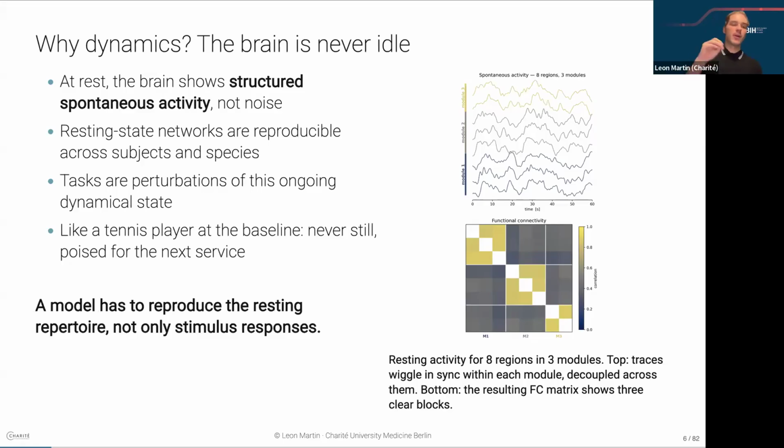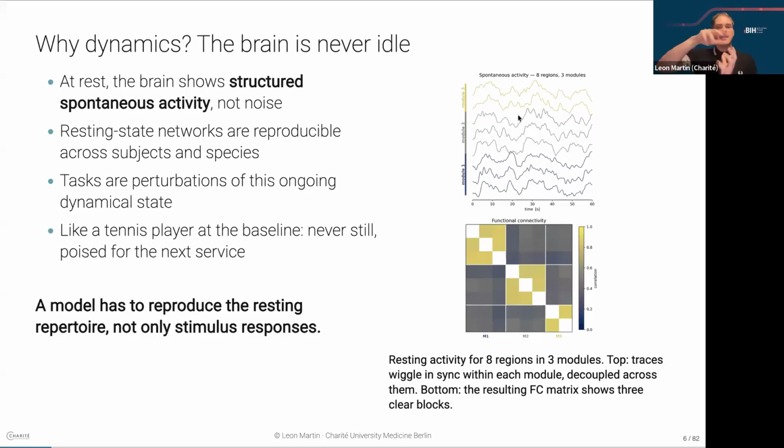So this model of a brain network has to produce not only the spontaneous activity, but also stimulus responses. We can then build a so-called functional connectivity network, where we correlate the activities of the different brain regions with each other.